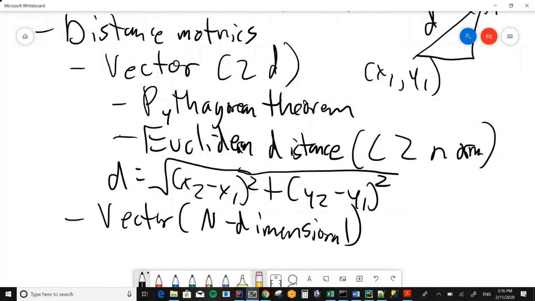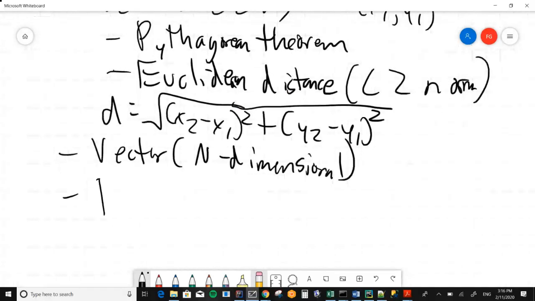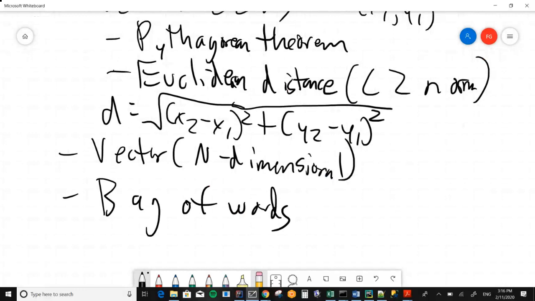If we're thinking about the idea of sentiment analysis, and we think, okay, I've got a sentence, I've got a tweet, I've got a review. How do I turn that into an array? The typical way that this is done is to use what's called a bag of words. So what do we mean by a bag of words?